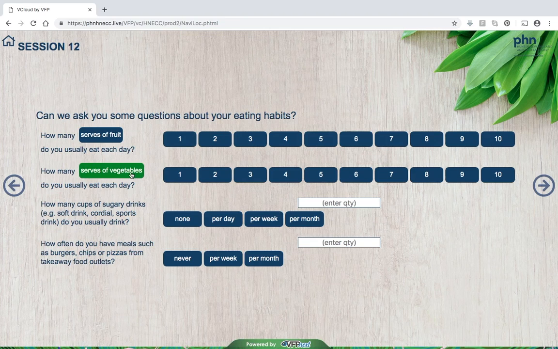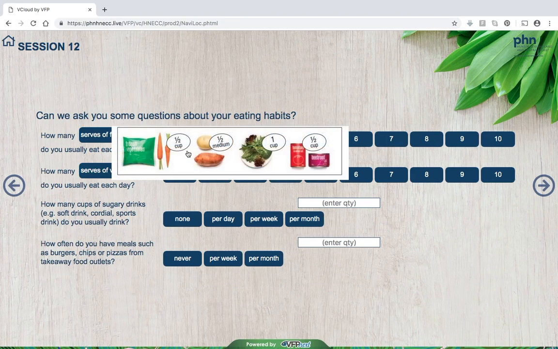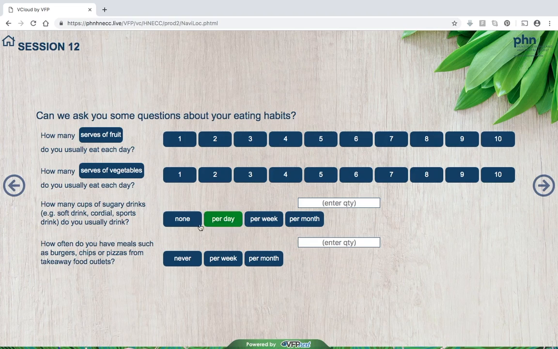If they couldn't quite remember, we can click on the tab. How many cups of sugary drinks they're consuming per day, per week, per month. So we'll just click on those. And how often they're eating out, whether with takeaway foods, burgers, chips, pizzas, or other kinds of junk foods.